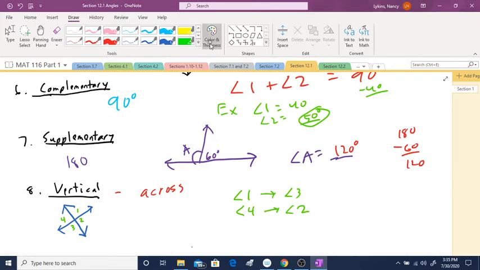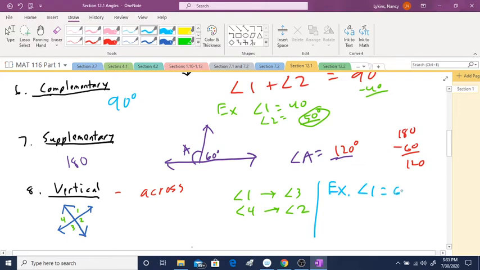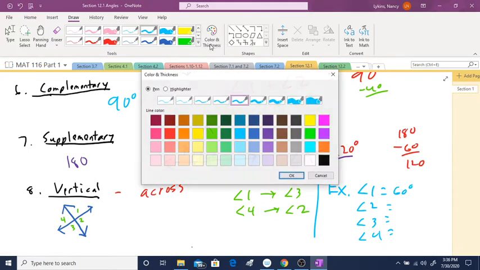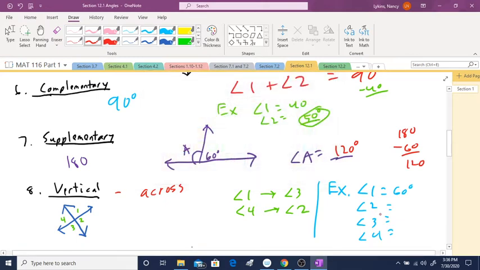So a quick example could be if angle 1 is 60 degrees, what are angle 2, angle 3, and angle 4? Well, the vertical angles, if they're paired up, are always the same. So 1 is paired up with 3, so that means 3 is also 60.